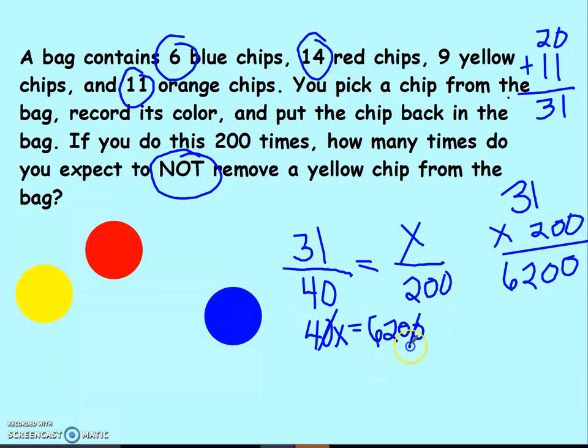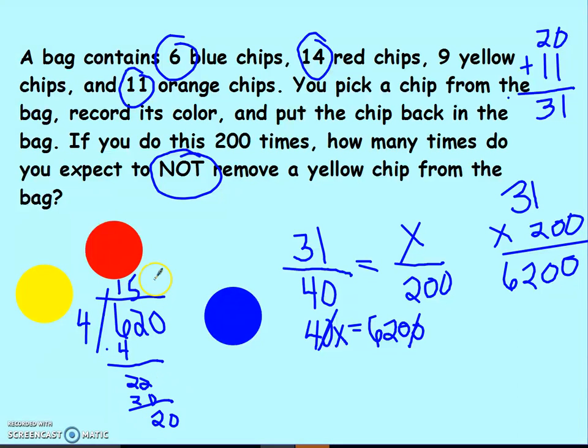We can cancel out the 0. 620 divided by 4 goes in there 1 time, 5 times, and 5 times. So we have 155 are not yellow out of a total of 200.